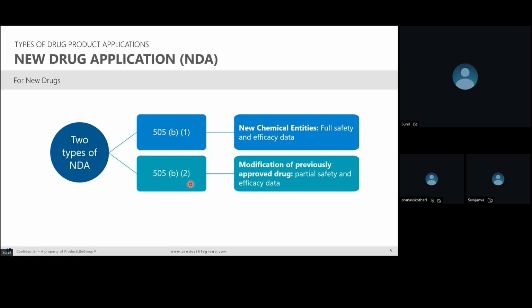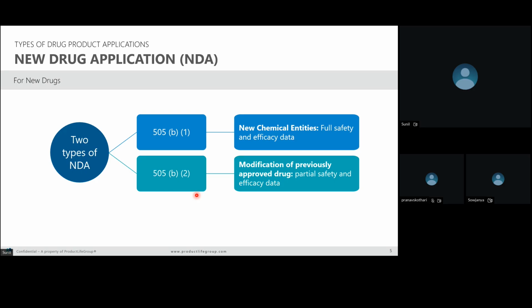Now you only have to prove that the capsule has the same or more bioavailability than the tablet dosage form, or any other additional advantage. So whenever you make a change in the innovator product in any of these four parameters, you have to file a 505(b)(2) application, because it will not fall under a generic application.